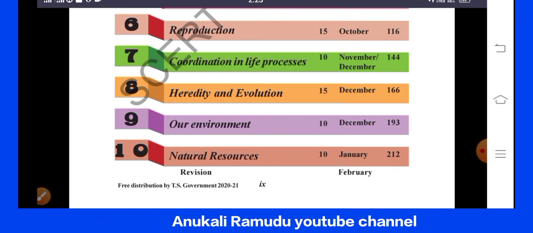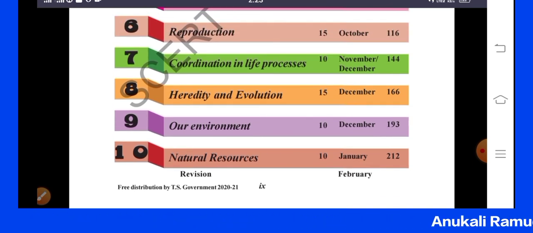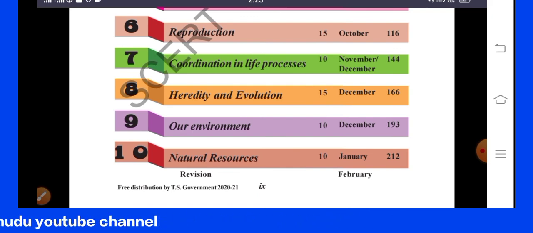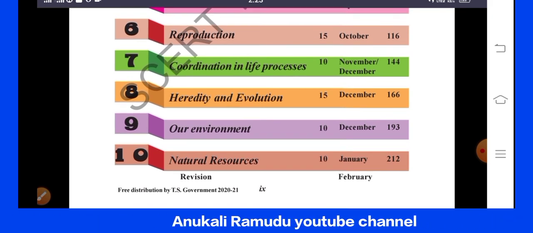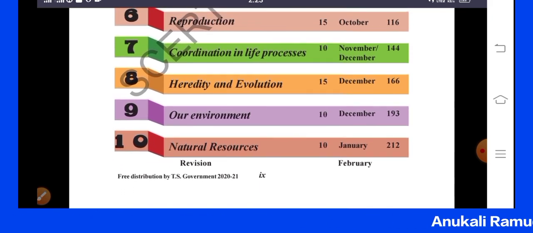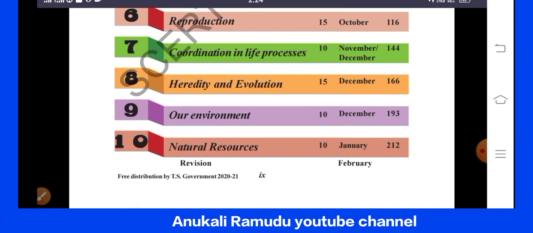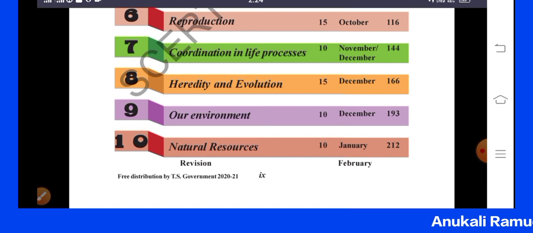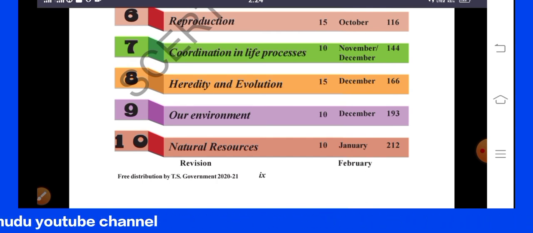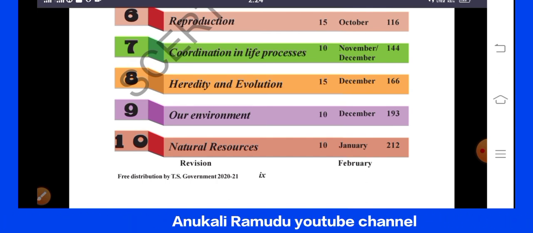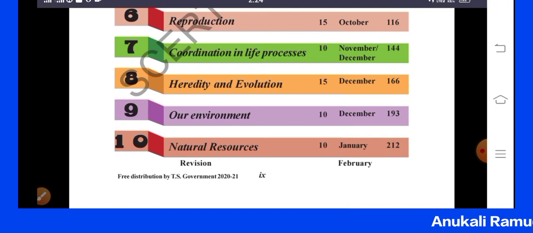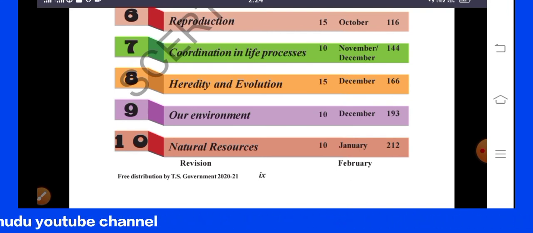Heredity is most important because we should know how characteristics are transferred from parents to children. Also in this chapter mainly Gregor Mendel and his hybridization experiments, the pea plant experiments, we can see.